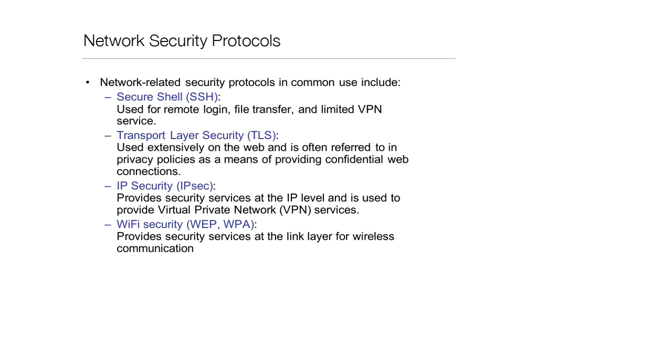This is used extensively on the web, providing confidential web connections, to protect our web traffic. And the third is IP security, or the IPsec protocol, that provides security services at the IP level.